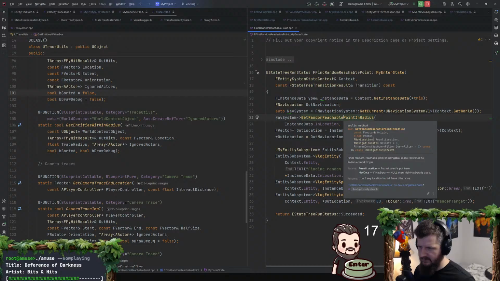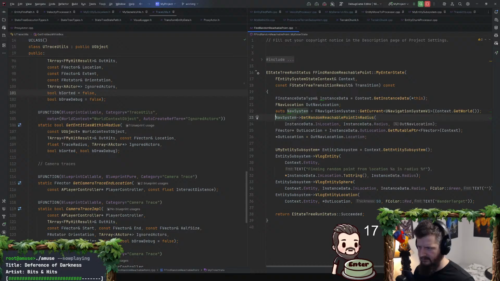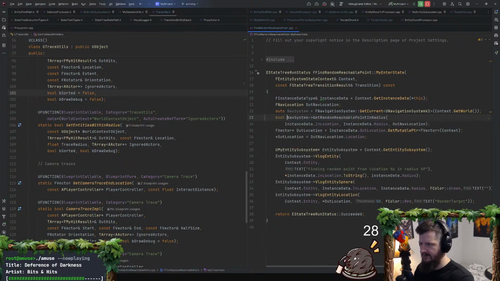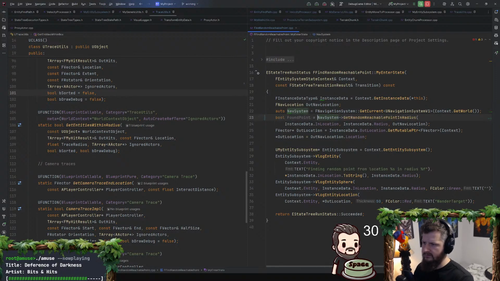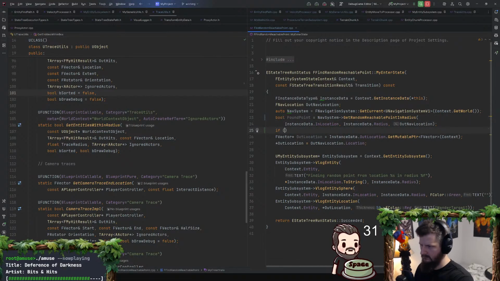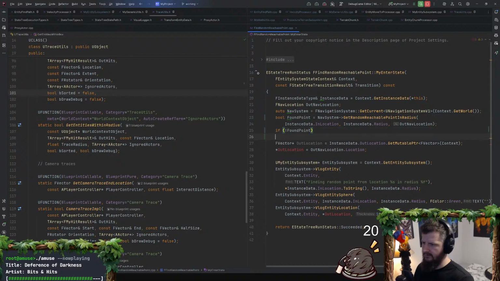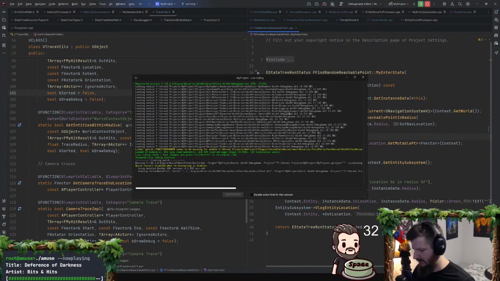Get random reachable point in radius. False if not found. Okay, I guess we'll add a check. Maybe this was a bad point. We didn't find a point, return failed. I don't know. Yeah, maybe that was a failed point.